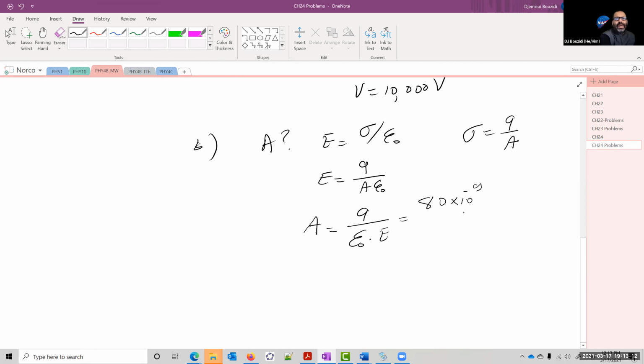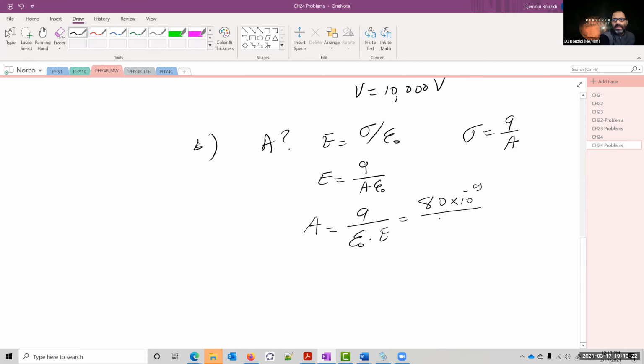That much Q is divided by E. E, as they gave us, is equal to 4 million. That's 4 times 10 to the power 6 for the electric field. Now I need epsilon naught.